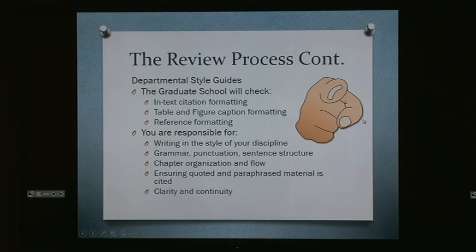And clarity and continuity. At one point, the grad school had a reader. We no longer have him. It's been several years. That would help with these things, but it's all back on you and your committee to get this right. I will not be reading these. Okay, I'm looking at format and other specifications. So if you think it's coming to the grad school for an editing job, it's not.